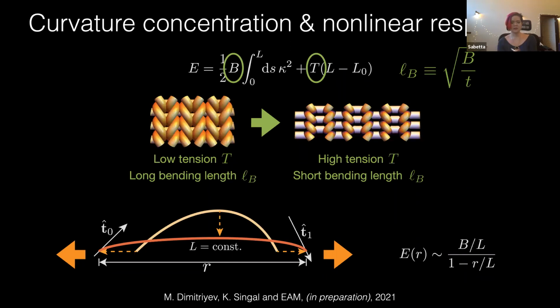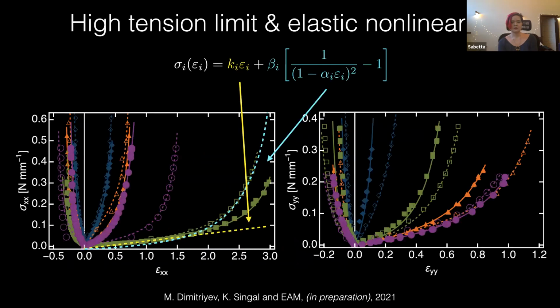That's the basis for the nonlinear part of our rigidity. And then we have a linear portion, which comes from the symmetry and topology of the stitches. So basically our constitutive model is the linear piece plus a nonlinear piece here.